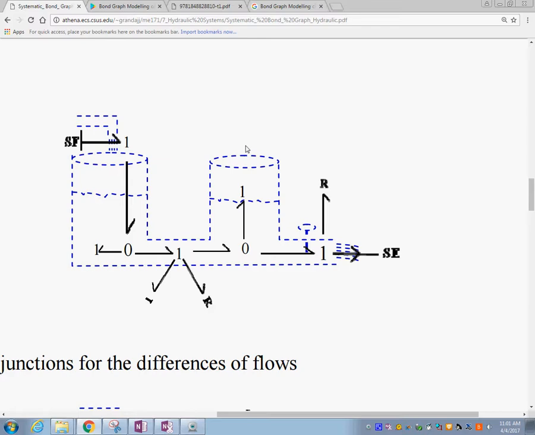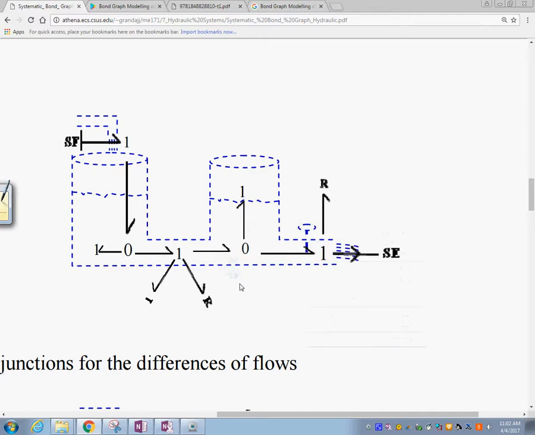Okay, what do we do next? We put 0 junctions to indicate the relative differences in flows. So in here we have that this flow minus this is this. We also have that this flow is this flow minus this one. And then of course this one is attached to the one junction up here.